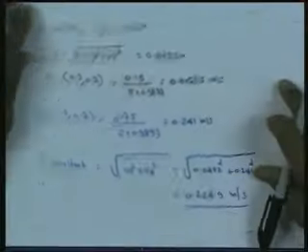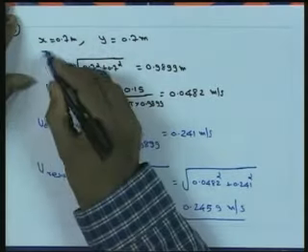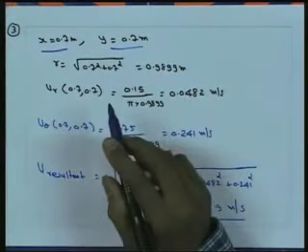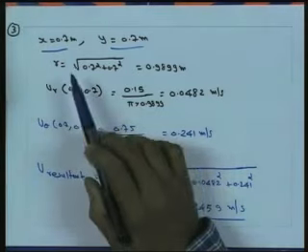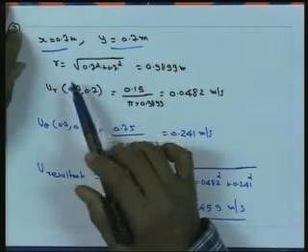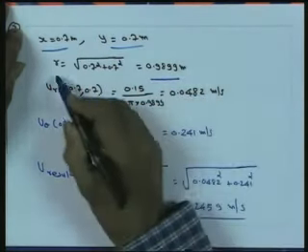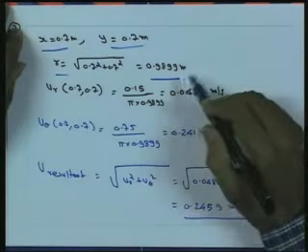Now the next part of the problem is we want to find the resultant velocity at, say, the point (0.7, 0.7) meters. So x is equal to 0.7 and y is equal to 0.7. With respect to x and y, we can write the position r is equal to square root of 0.7 square plus 0.7 square, that is equal to 0.9899 meter.